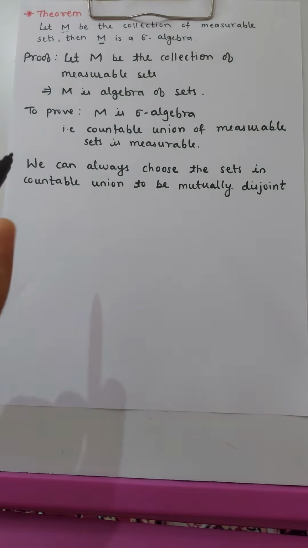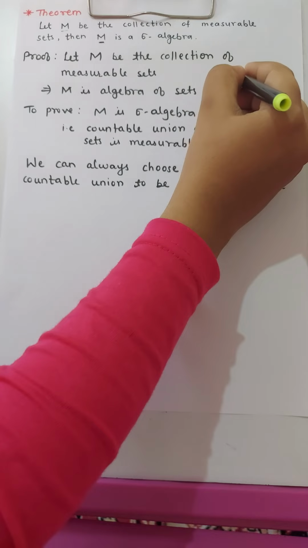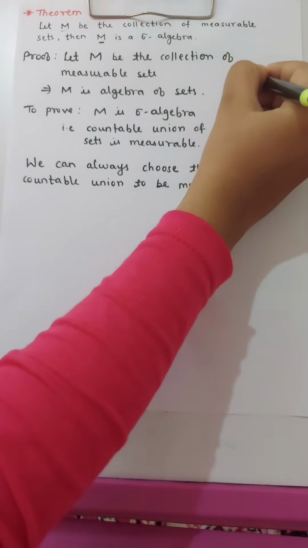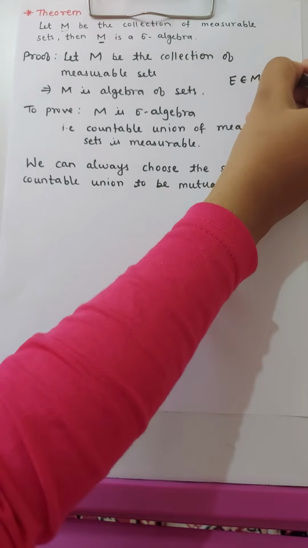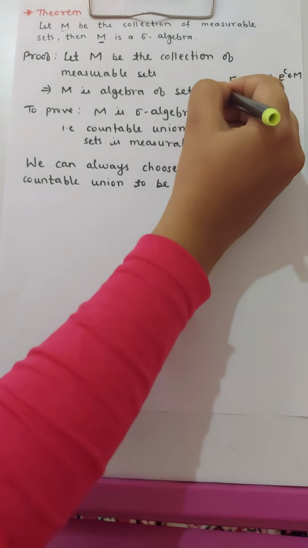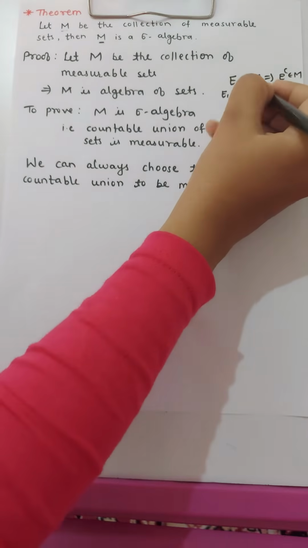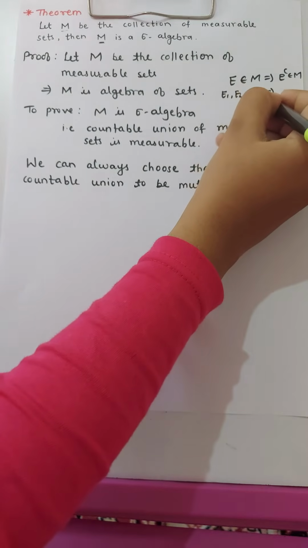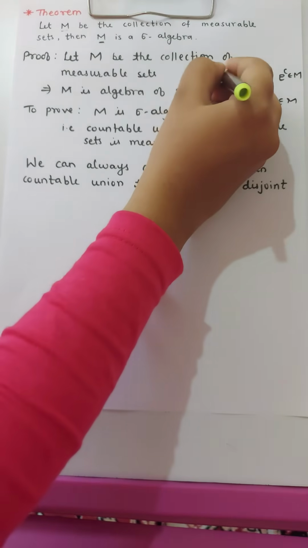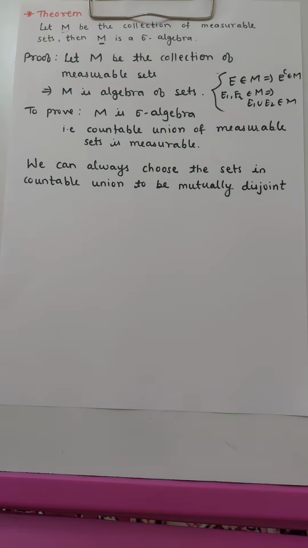That is, for any set E belonging to M, E complement also belongs to M, and for E1, E2 belonging to M, E1 union E2 belongs to M. These two conditions we have proved in the previous theorem.